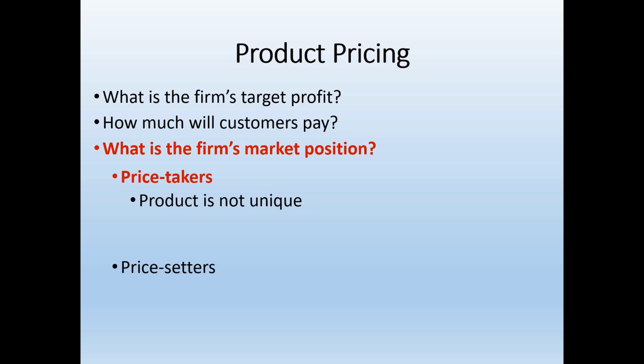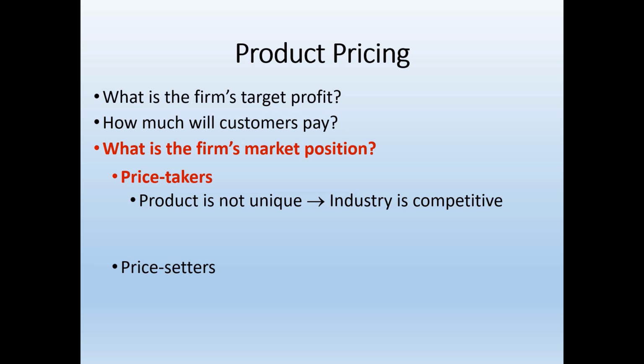Firms are price takers when their product is not unique. That means that they operate in a competitive industry. There are lots of other firms that provide similar products, so the market as a whole sets the selling price.